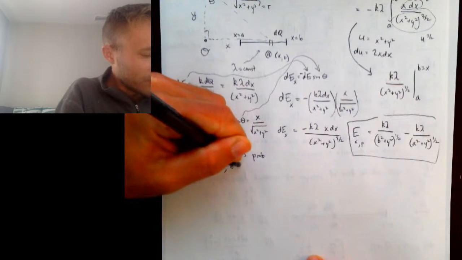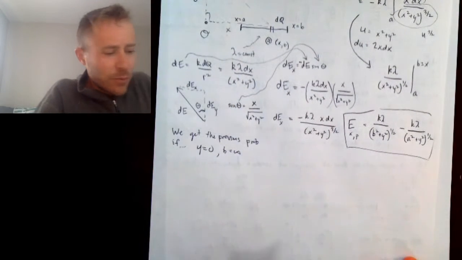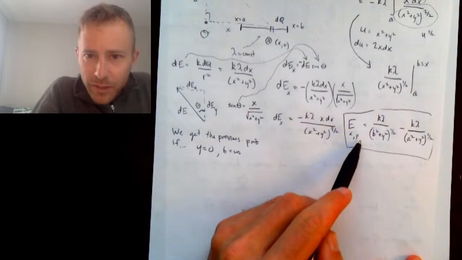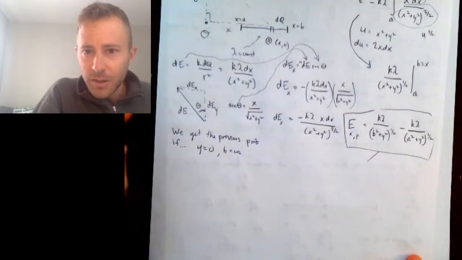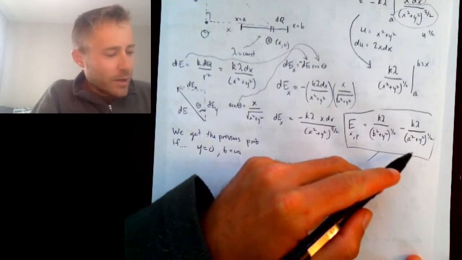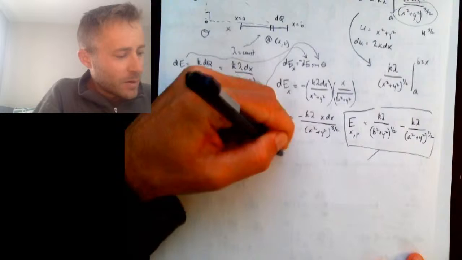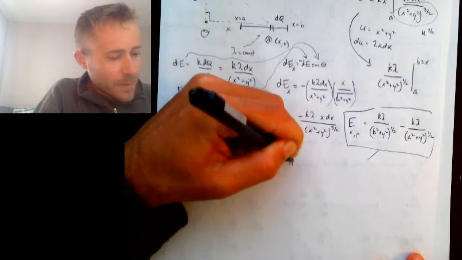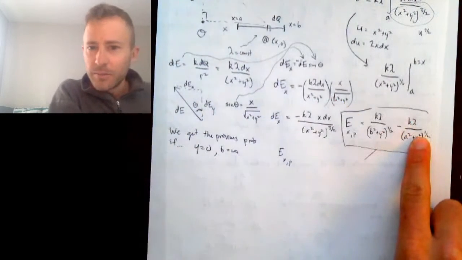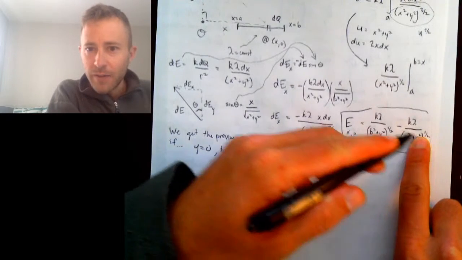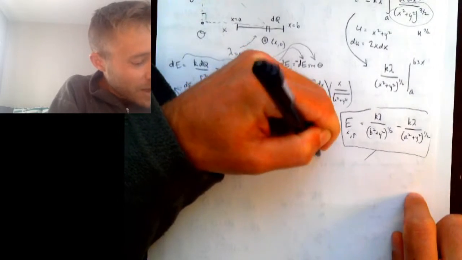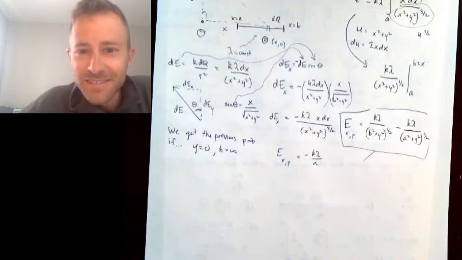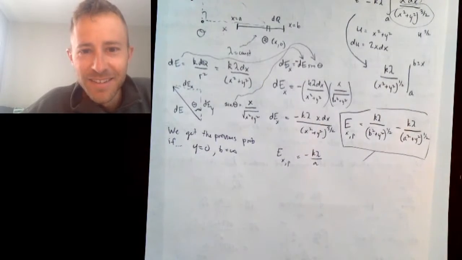So b equals infinity. If we plug in b equals infinity here, this term drops out because we have infinity in the denominator. And then if we plug in y equals 0, this term becomes 0, and we just get a squared to the 1/2. A squared to the 1/2 is just a, and we get minus k lambda over a. It's the same thing. Okay, I think that's neat.